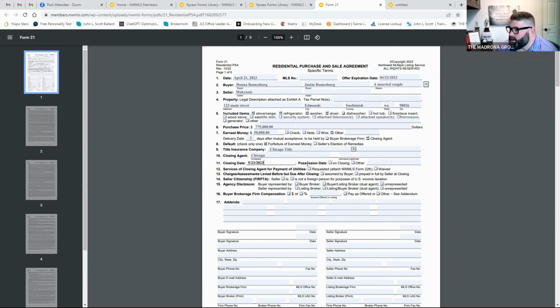And the possession date. So sometimes, and I would say 95% of the time, possession's on closing, meaning they get the keys on closing. So I'll ask you kind of just an obscure question, but let's say, okay, we're going to close on 5/23. And all of a sudden you get recording numbers at 3:30.